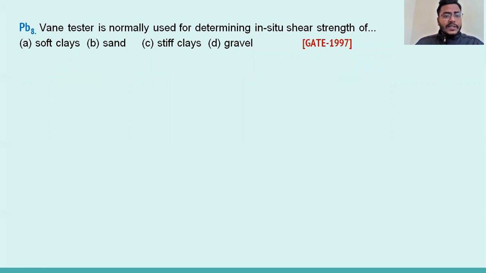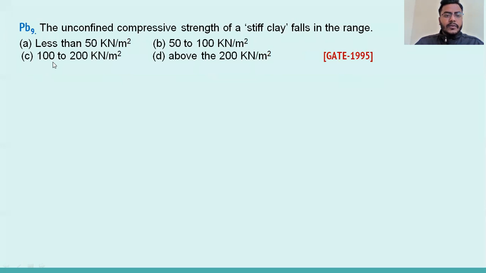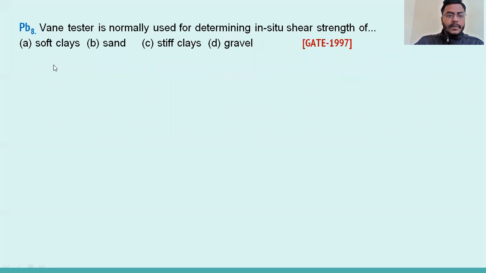The test normally used to determine the in situ shear strength of, so it is for soft clay. You will see there is a blade, and we rotate the blade.